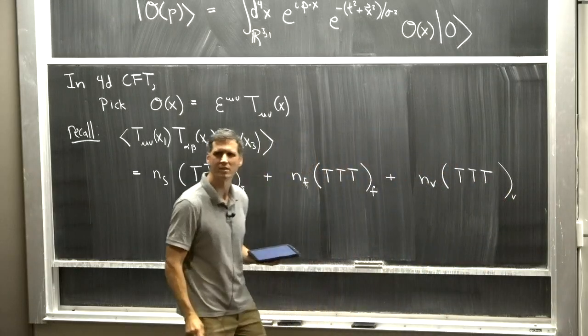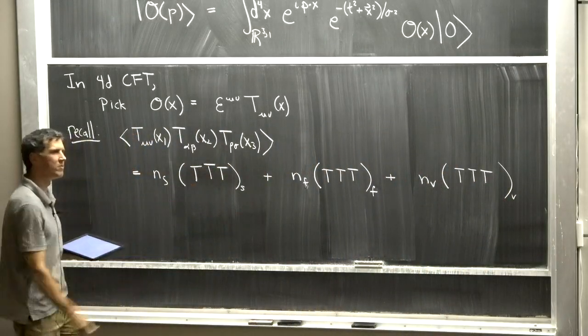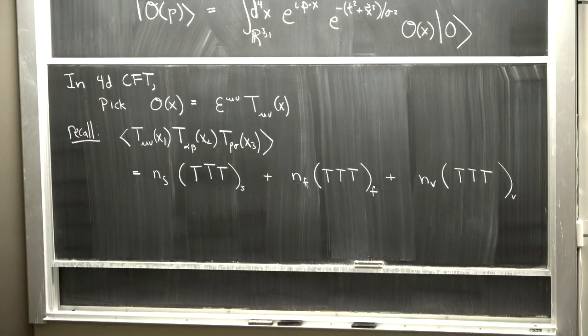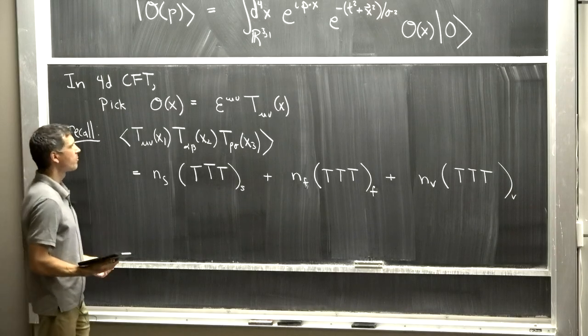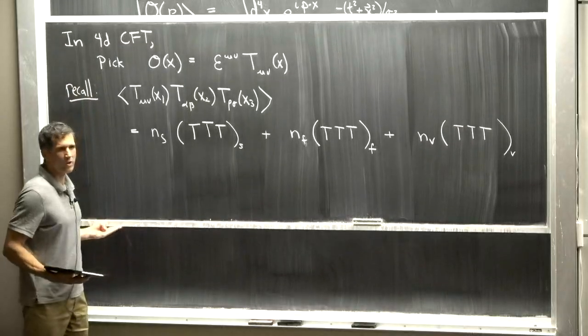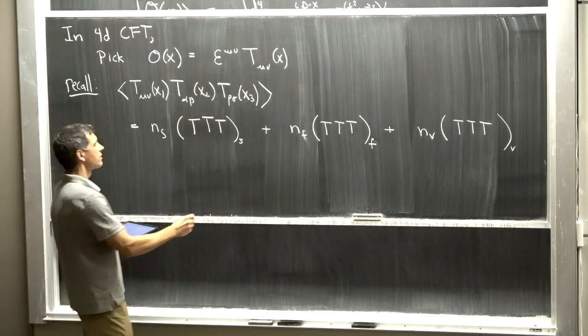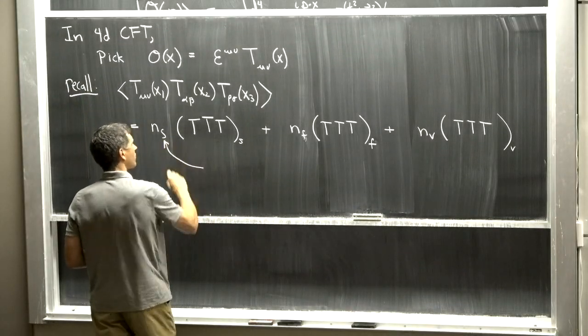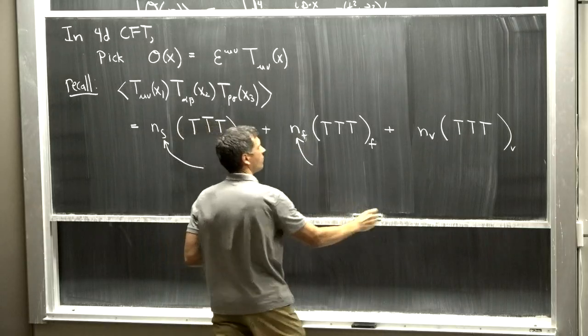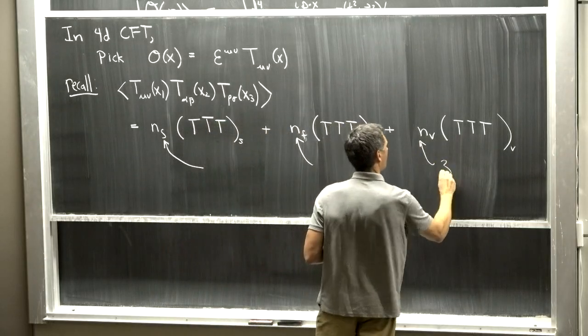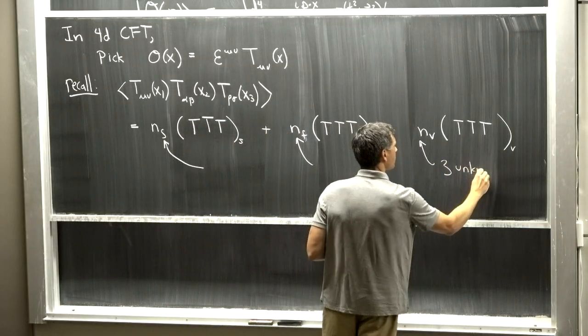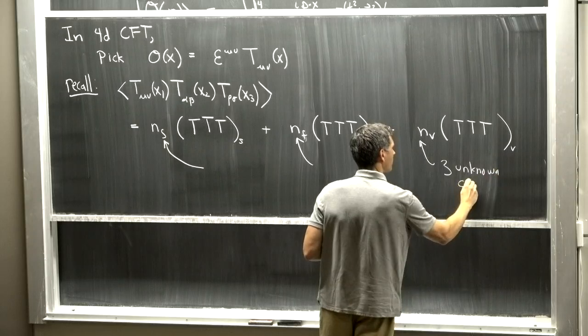I won't write all those indices, but those are some known functions and tensor structures. So in a conformal field theory, the tensor structures are completely known, and it's just these coefficients that depend on the theory, so we have 3 unknown coefficients.